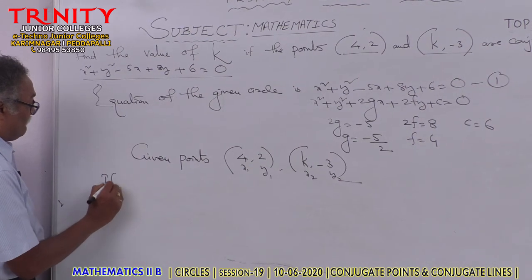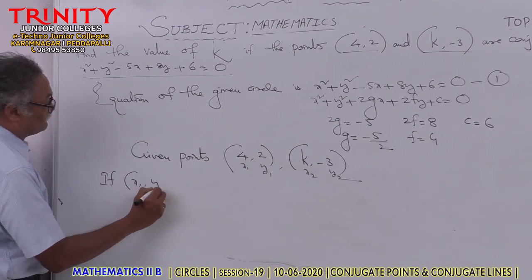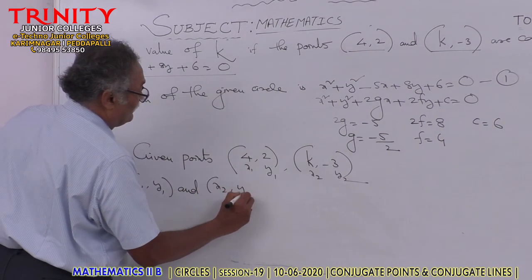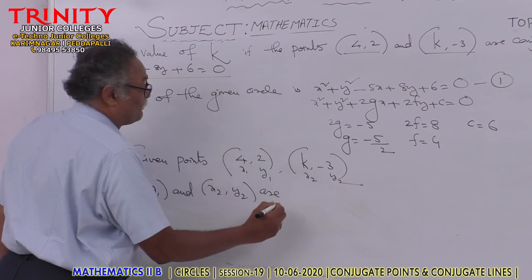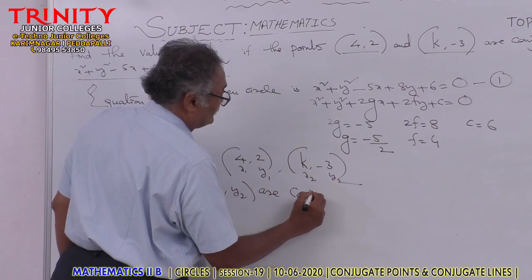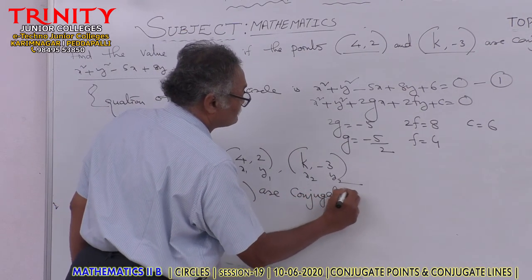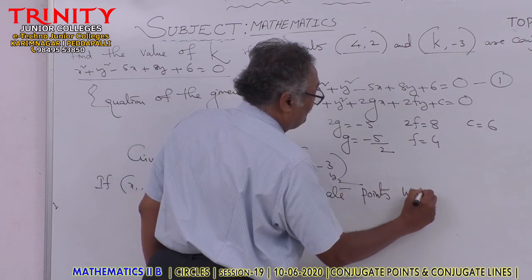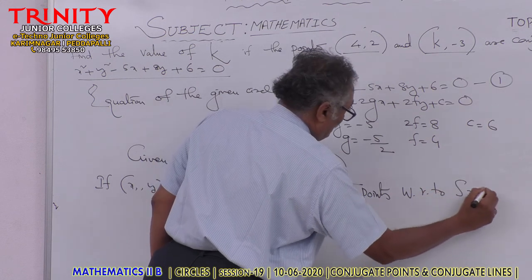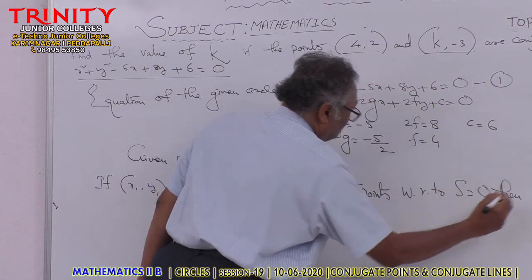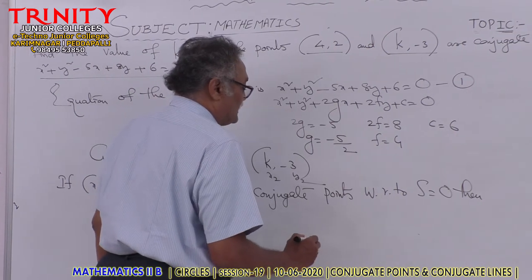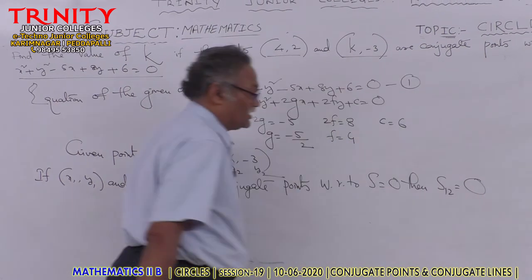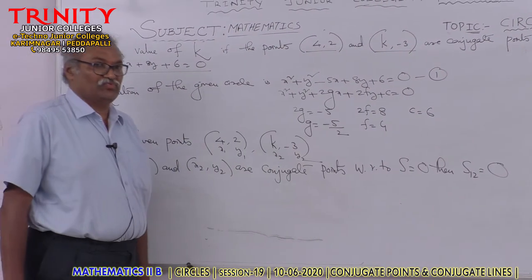Here, if x1, y1 and x2, y2 are conjugate points with respect to S is equal to 0, then the condition is S12 equals to 0.